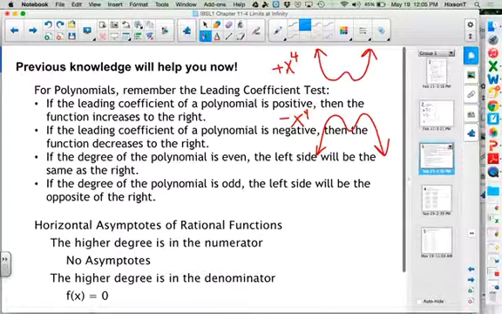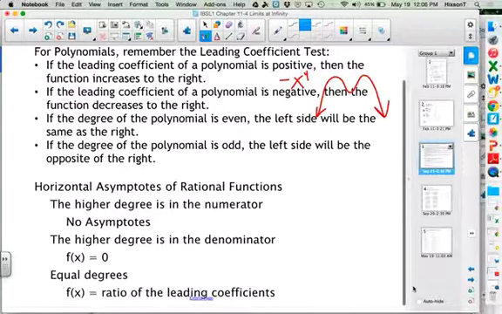That's stuff we learned back in chapter 2, but it applies here. It can help us as we determine if we're approaching positive infinity, this one's going to go up, this one's going to go down. If we're approaching negative infinity, same thing. But if the degree is odd, it's going to be different. Okay, so you have to pay attention to that.